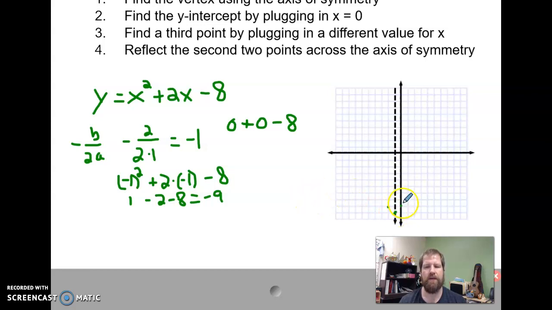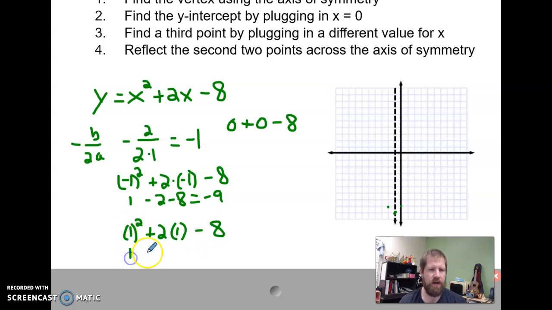So then you're going to choose another value for x to find a third point. I'm going to look at 1. So if I put in positive 1 here, I get 1 squared, plus 2 times 1, minus 8.